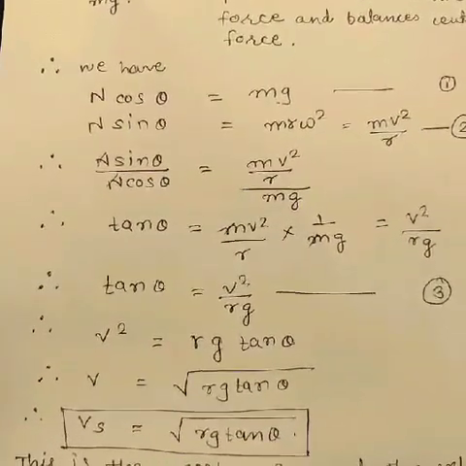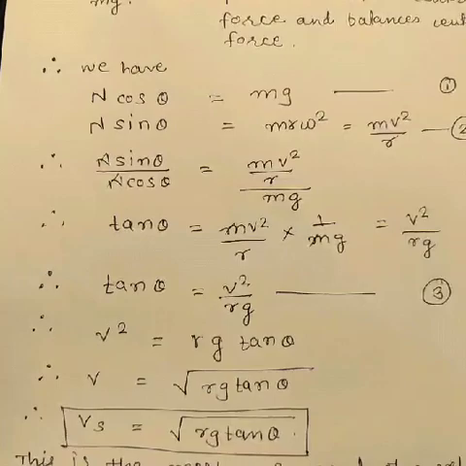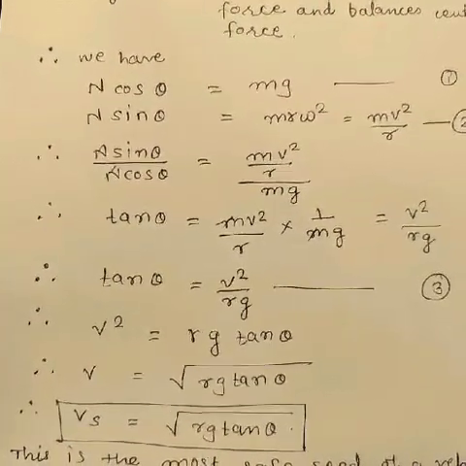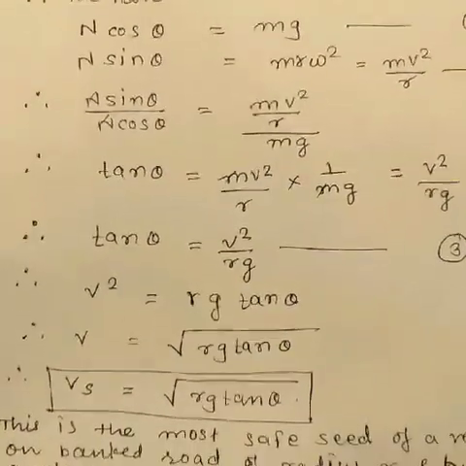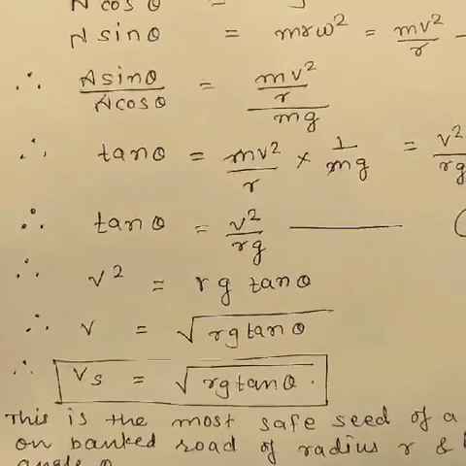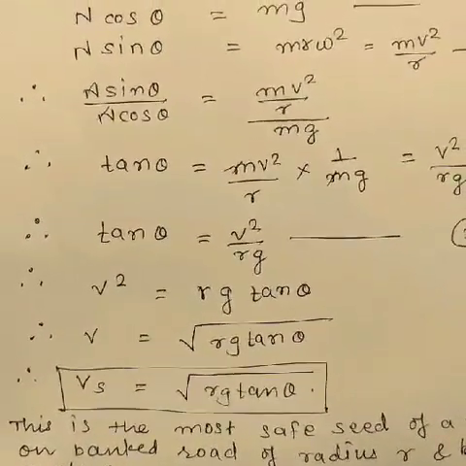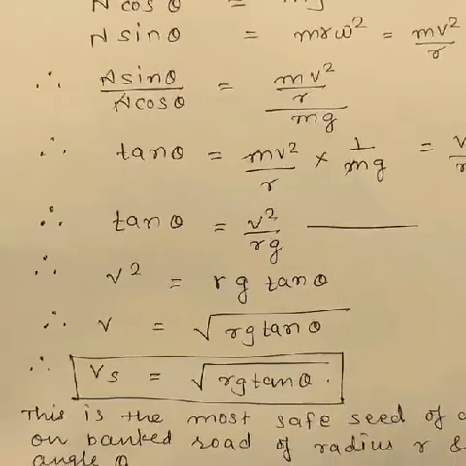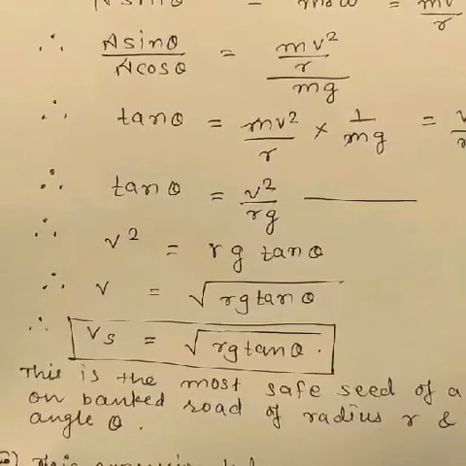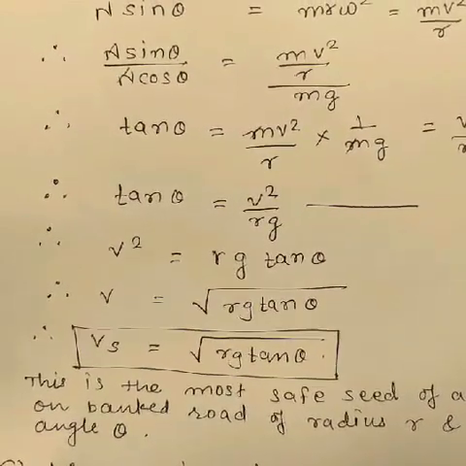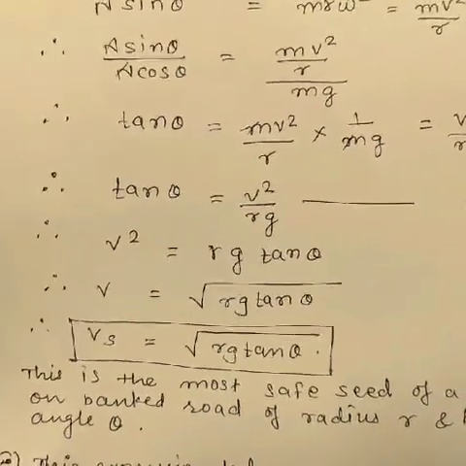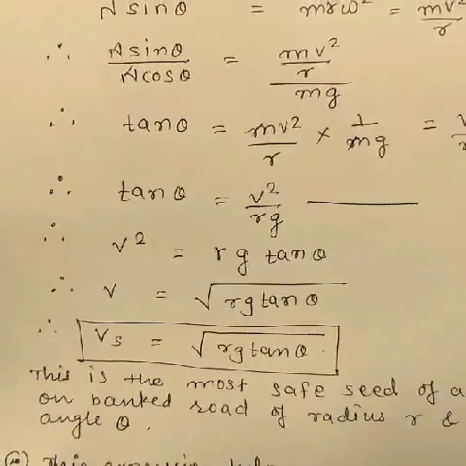Now rearrange this, and we get v square is equal to r g tan theta. Taking the square root on both sides, we get v is equal to under root r g tan theta. So this is a safe speed. It is not a maximum speed, and it is not a minimum speed. This is the safe speed with which any vehicle can be safely driven on a banked road of radius r and angle theta.